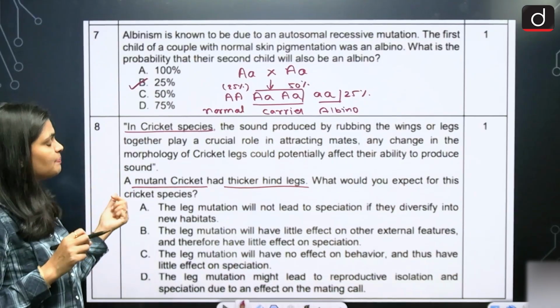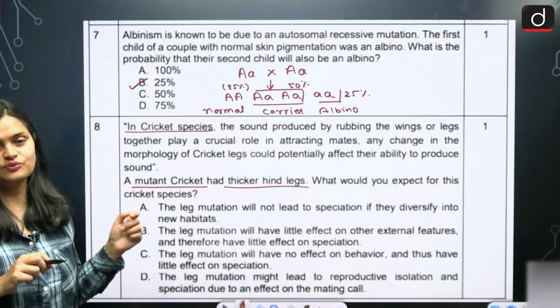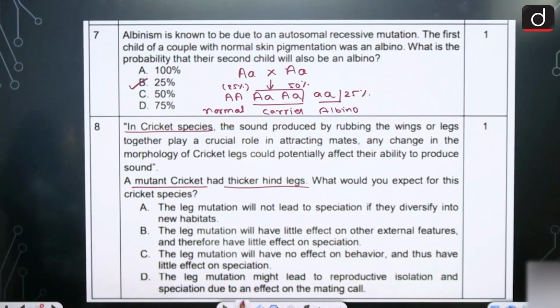So what do you expect for this cricket species? So now read the option and think and tell me the answer.